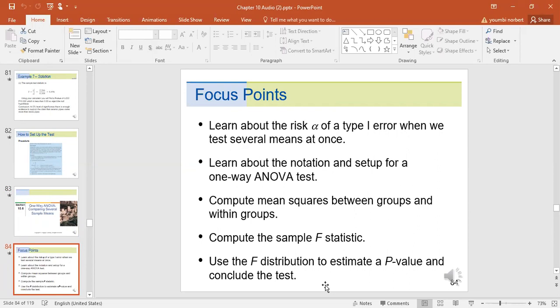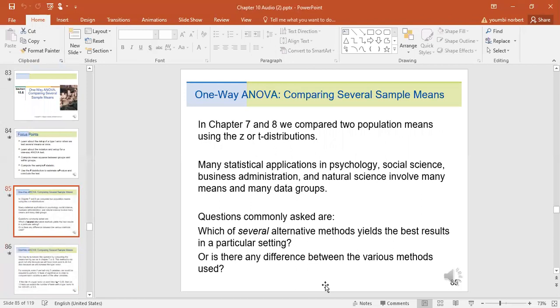If the level of significance for each of the tests is 0.05, that means you are going to have 0.05 times 6, which increases the level of significance to 0.3, which is very big compared to what we always use, 0.0 something. So with analysis of variance, we combine all those tests into one and test if the means are the same or not with a single test, which is an F-test.